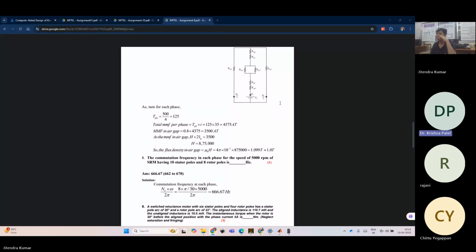Once I go to my home, I will share it in the discussion. Can I share the snapshot in the discussion forum? Sure, sure. That would be really helpful for me also.